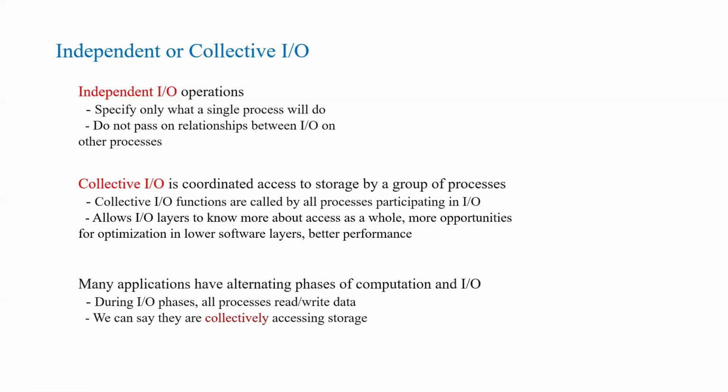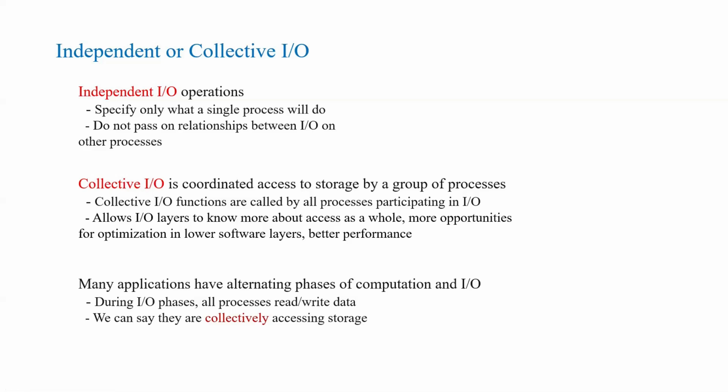So now for the following I will run through it quickly, and basically we covered independent or collective I/O. Sometimes the processes will do independent I/O, sometimes you will do collective I/O, and it depends on your need and on data dependency or something like that. Many applications have alternating phases of communication and an I/O phase. They can read and write data, or they can collectively access storage.